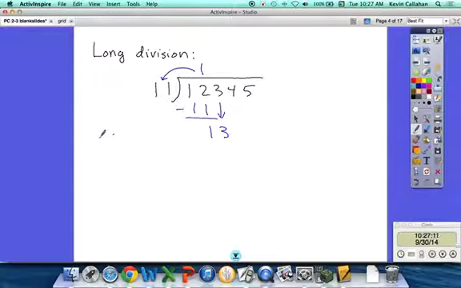Okay, now, this is the process, right? You're going to multiply the 2 times 6, and you're going to put the result here. So 2 times 6 is 12, okay?